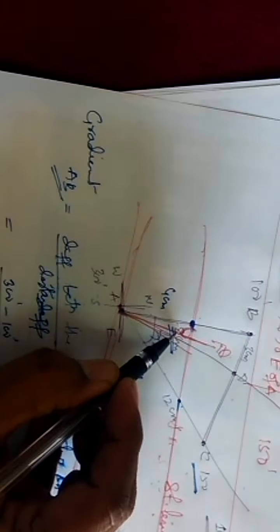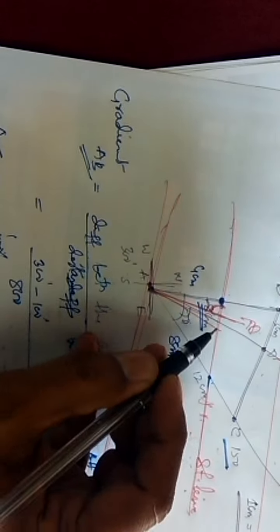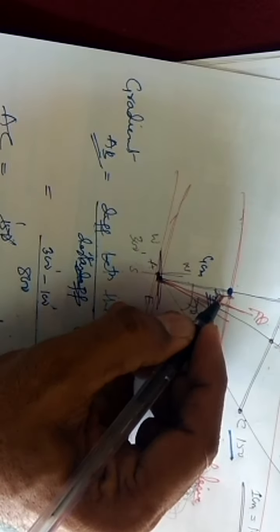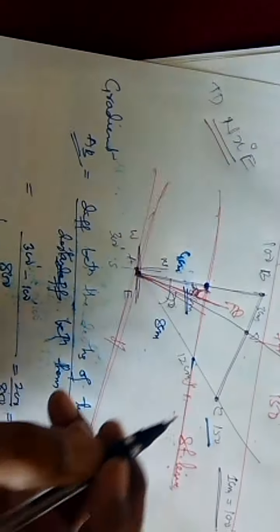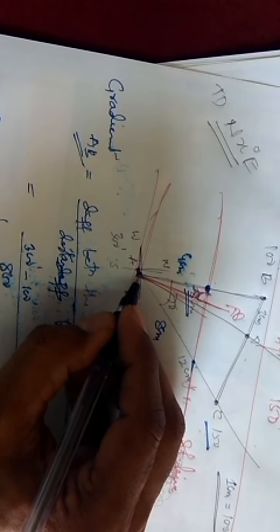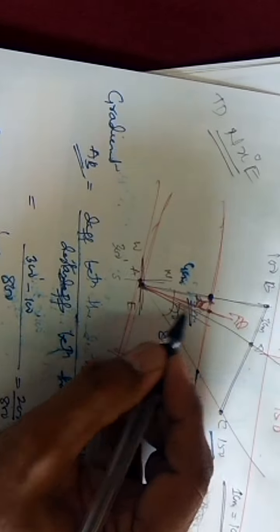Okay, now you will get how many degrees it is from north. Somewhere you may get 20, 30, whatever it may be. I'll write here x degree. You have to write the true dip is north x degree towards east, and the amount is, you calculate how many centimeters it is.